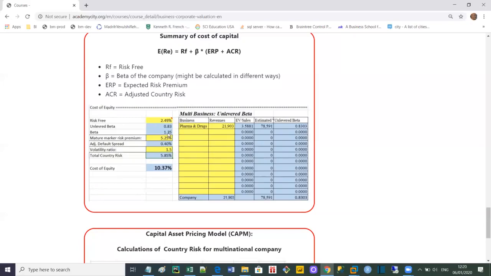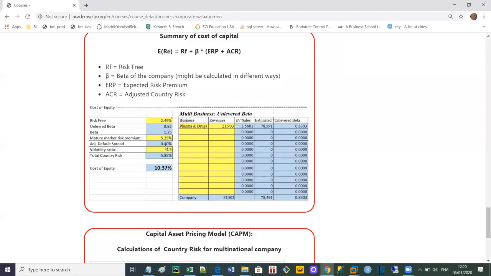Okay, so now that I have the beta, by the way, we assume that 5.25 is the risk premium in the US. And then we also want to add the default spread for the country risk. I assumed here that I'm operating in a country where the spread is 0.4.